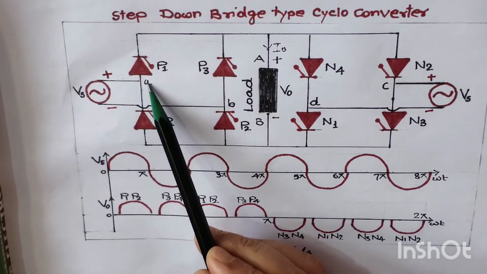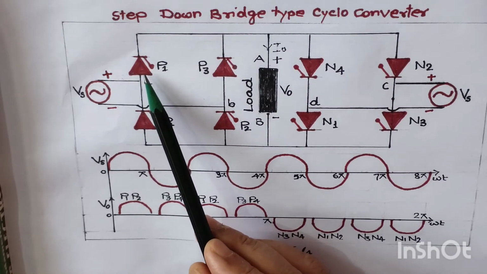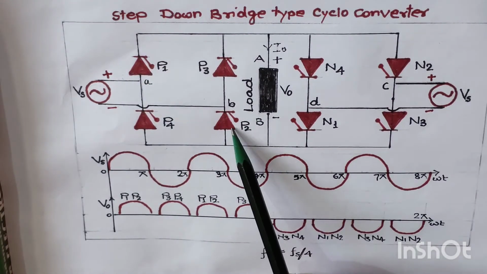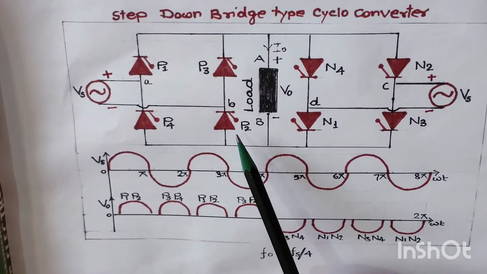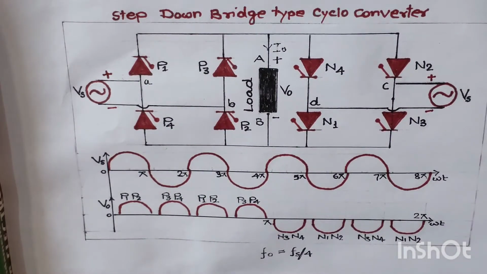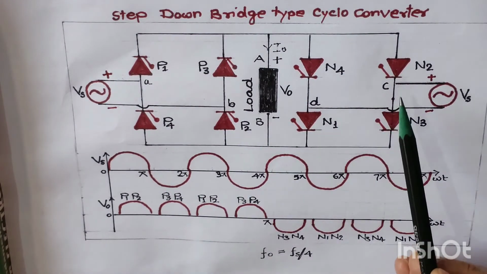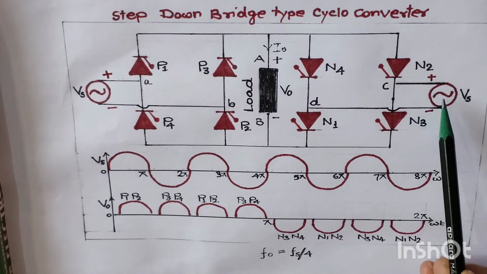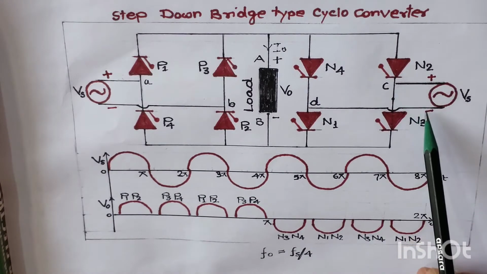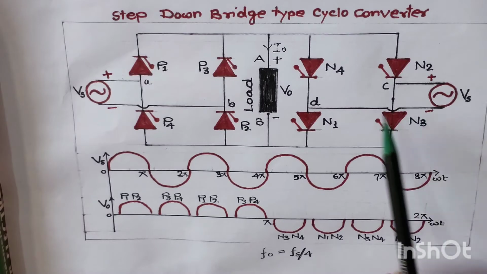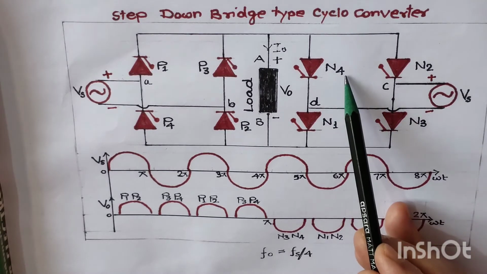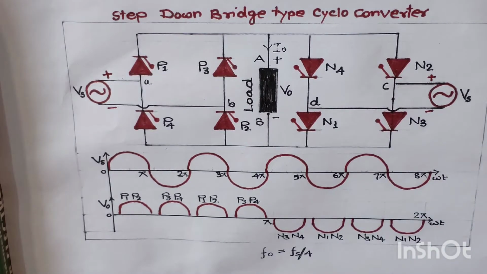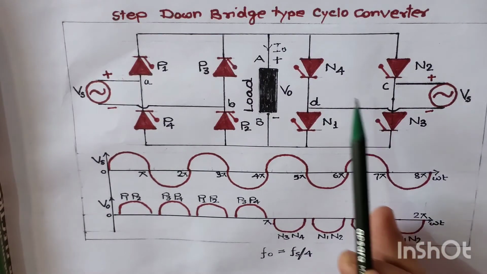Once point A is positive, thyristors P1 and P2 will be in conductive mode and they are forward biased. Similarly on this side, if this is positive and this side is negative, thyristors N3 and N4 will be in conductive mode, but we will not supply any trigger pulse to thyristors N3 and N4.